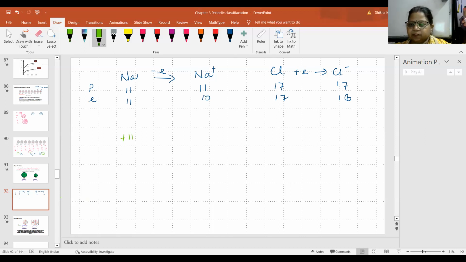There are 11 persons sitting at the center. They have to attract 11 other people. In this case, at center, there are 11. Now they have to attract only 10 people. What has happened to the force of attraction? Has it increased or decreased? Quickly answer the question.